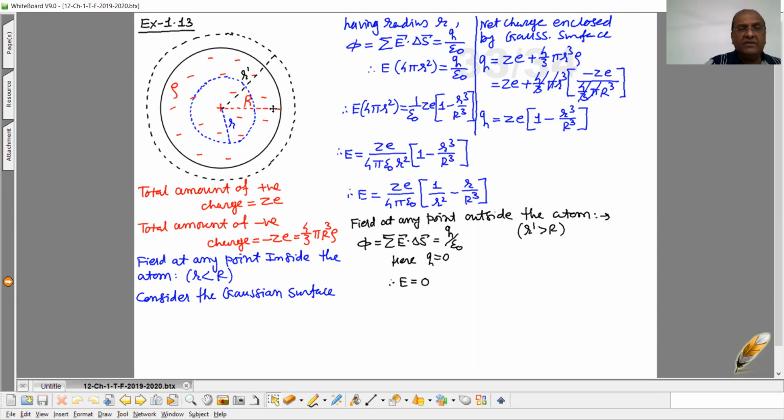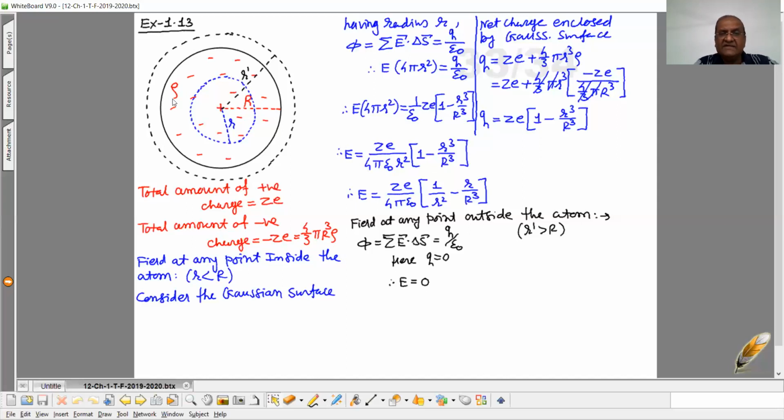Now see here. In this given atomic model, the total amount of positive charge is Ze, which is at the center. Then the total amount of negative charge is minus Ze, because the atom is as a whole electrically neutral. And this negative charge is uniformly distributed over this radius R. It implies that we can write this total charge as total volume into volume charge density.